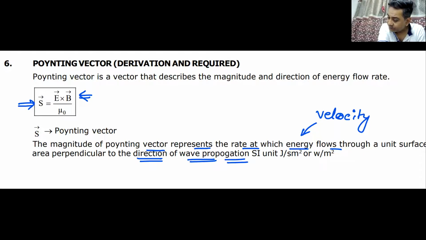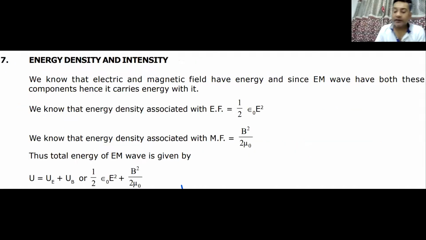Then come two very important formulae, which are the formulae of energy density. What is this energy density? Whenever we use the term density, it means something per unit area, per unit length, or per unit volume.